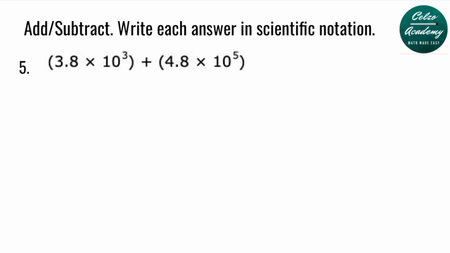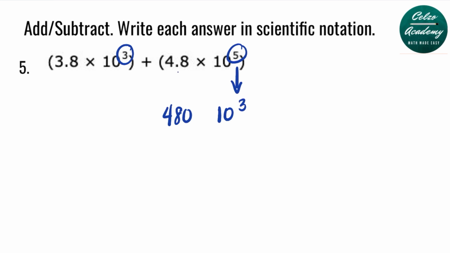Question 5. 3.8 times 10 to the third plus 4.8 times 10 to the fifth. For number 5, the exponents are not the same, so we have to manipulate the larger exponent 5. From 5, we will make it now times 10 to the third power. Since we lower the exponent by 2, what do you think will happen to 4.8? 4.8 will become 480.